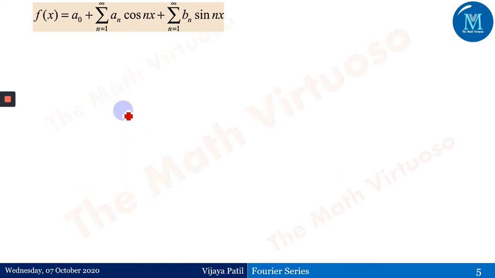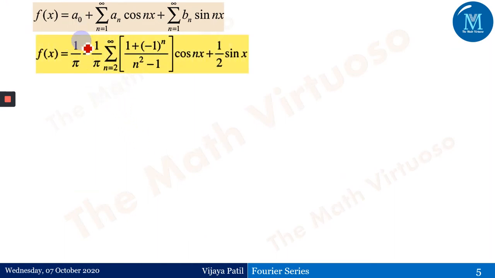So f of x would have a0, which we have seen is 1 by pi, and an, and see the difference in how I have written this. It is n equals 2. This value of an is valid for n equals 2, and a1 is 0, as we have seen on that particular slide.